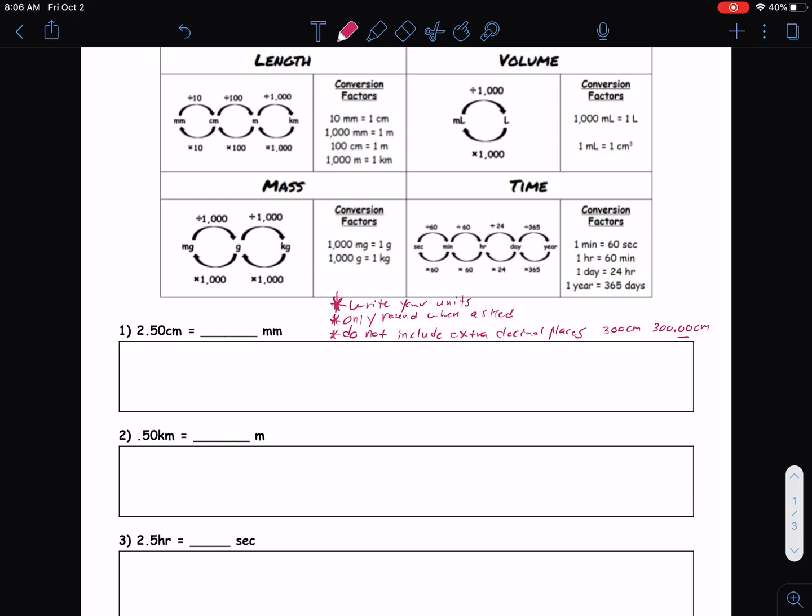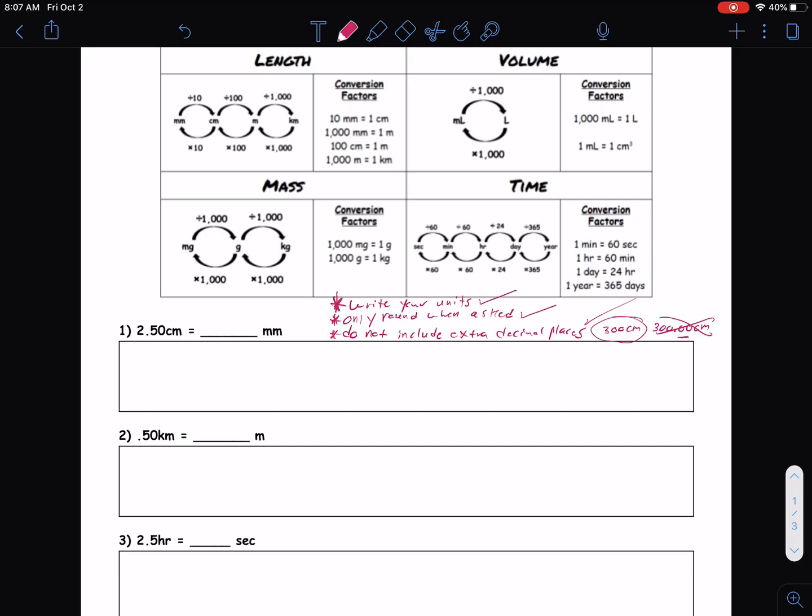But if we're not actually measuring these out, you don't need to include those extra decimal places. If the answer comes out as a whole number, leave it as a whole number. Or if there's only one decimal place, leave it as one decimal place. You don't want to go adding extra decimal places into an answer. So from there, remember, for this, write your units, only round when asked, and do not include extra decimal places.